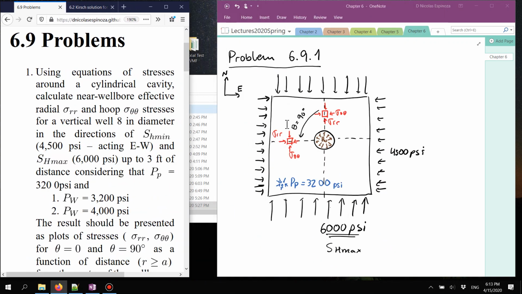And what you are going to observe is that the solution should look something like what I'm going to draw here on the right.